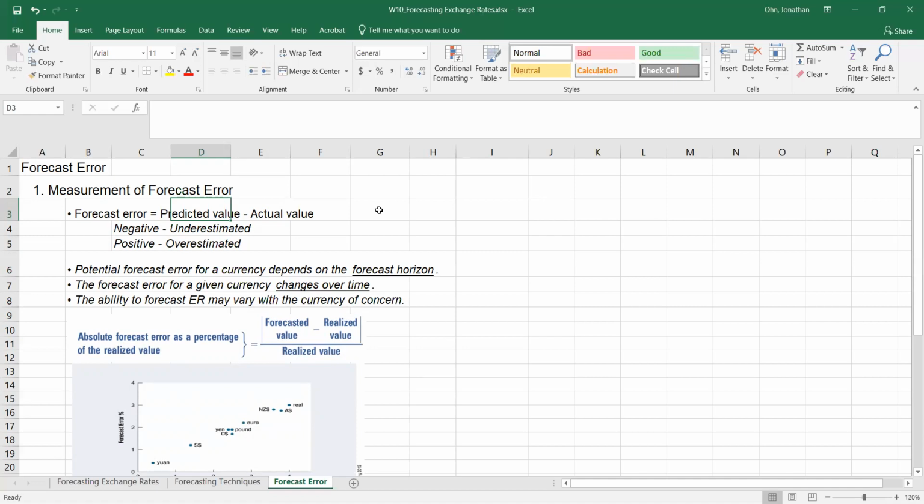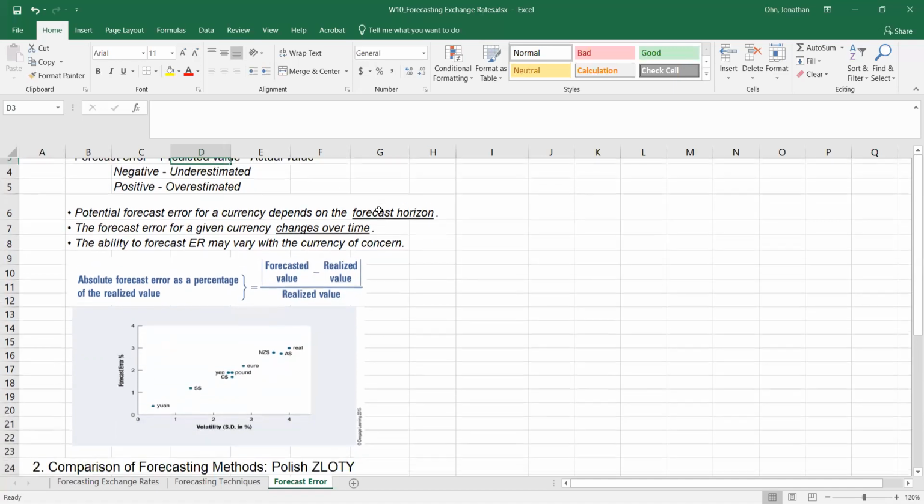If you look at the 1 year, 2 year horizon, your volatility will be much higher, right? So your forecast error will be higher. And forecast error for a given currency changes over time, of course. The ability to forecast may vary with the currency concerned.